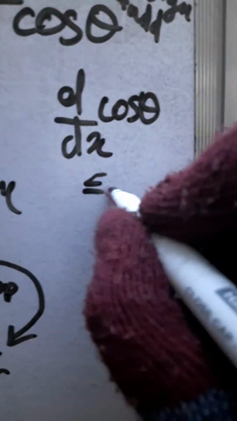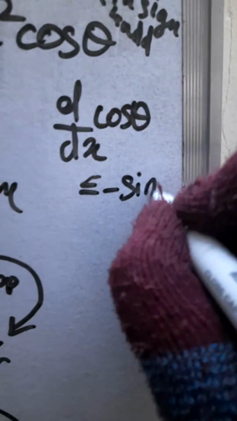So what we do here is, we take r out and take the derivative of cos theta. I would have to give you a formula: d by dx of cos theta is equal to minus sine theta. So the derivative of cos theta is minus sine theta.